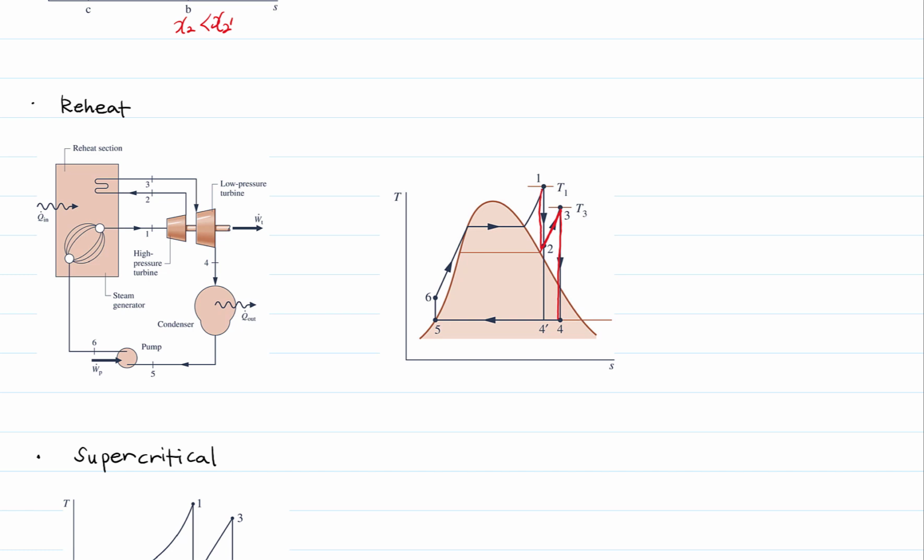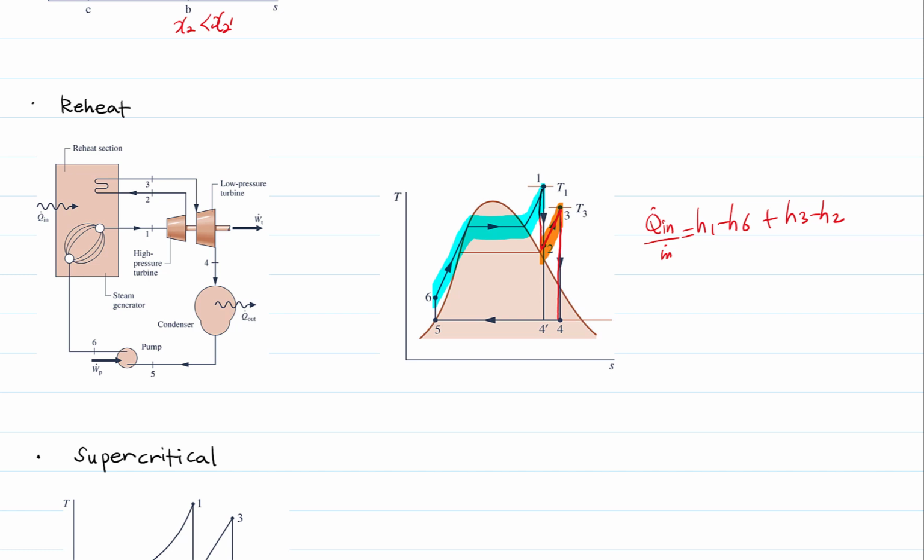So heat input is H1 minus H6 plus H3 minus H2. So this is the boiler and this is where the steam is reheated.